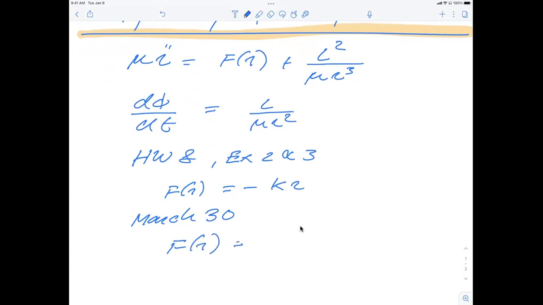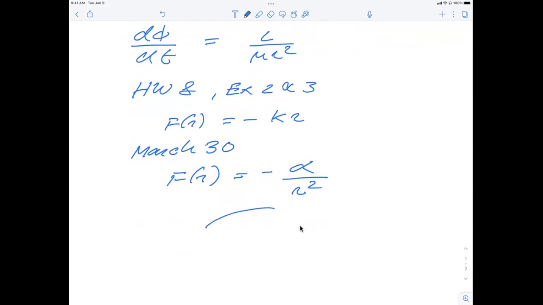And in that case, when we just looked at the radial component, we have something which goes like minus alpha divided by r cubed. So when we solve the differential equation as a function of the angle for this specific force, what we found was a very neat and simple relation, which gives the radius as a function of the angle in polar coordinates. So we're just looking at motion in a plane.